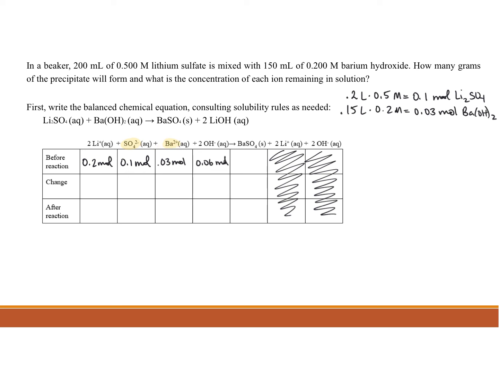So I'm going to say this is minus 0.03, and then this is minus 0.03 as well, because it's a 1-to-1 ratio. So in the end, you have 0.07 moles of the SO4 2- and 0 moles of the Ba2+. Then I'm going to put 0 moles here, and also a 1-to-1 ratio, so this will go up by 0.03 mole.